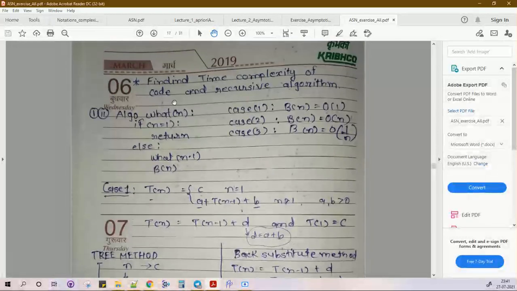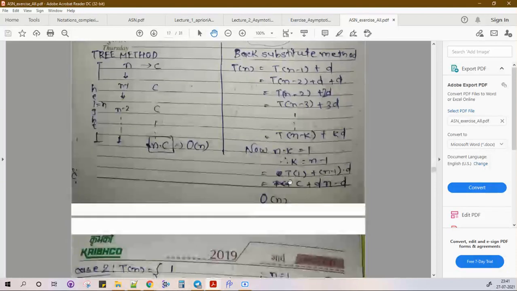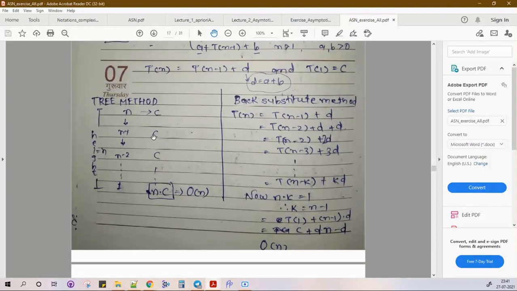This recursive formula, the recursive functions, correct? We will try to use the tree method and back substitute method one by one, but mostly I prefer the back substitute method, because sometimes the tree method is complicated.